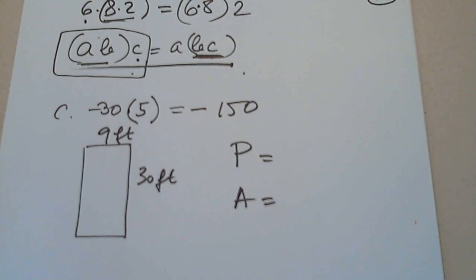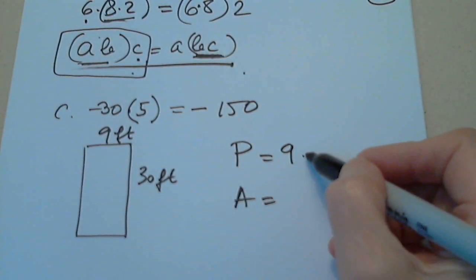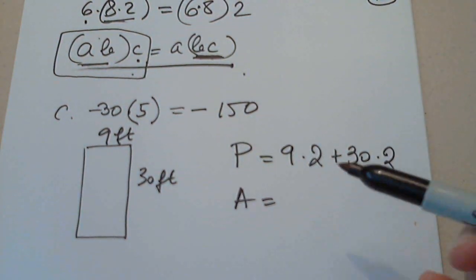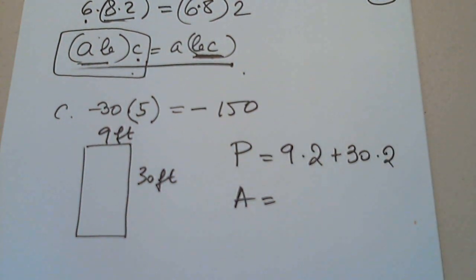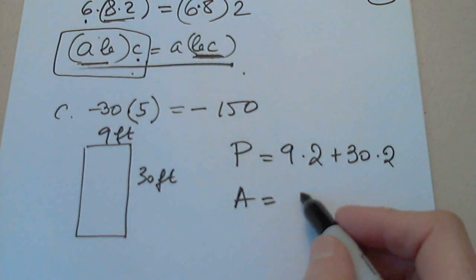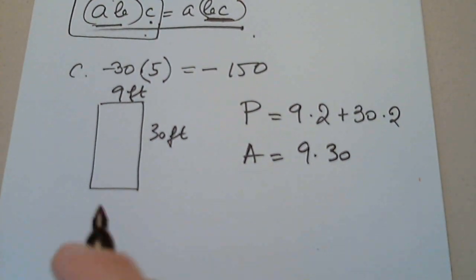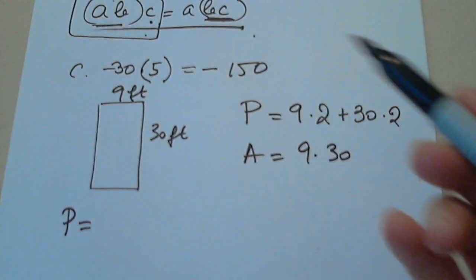For the perimeter, you have to do 9 plus 9 times 2 plus 2 times 30, or vice versa: 2 times 9 plus 2 times 30. And for the area, you have to do 9 times 30. So for the perimeter, we are adding quantities.